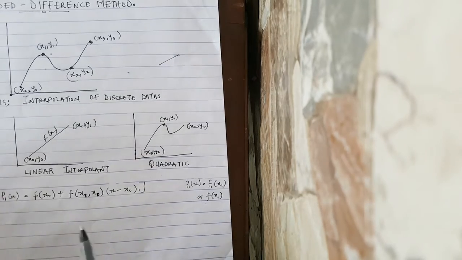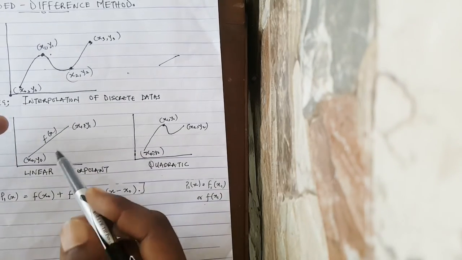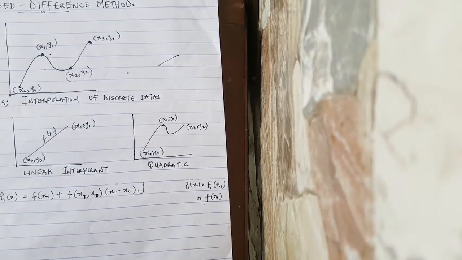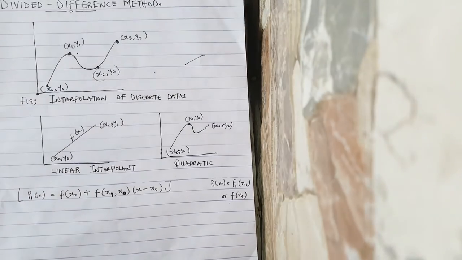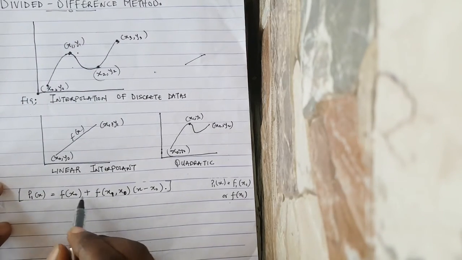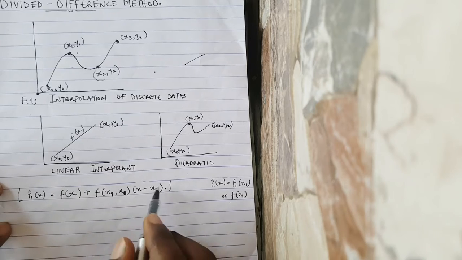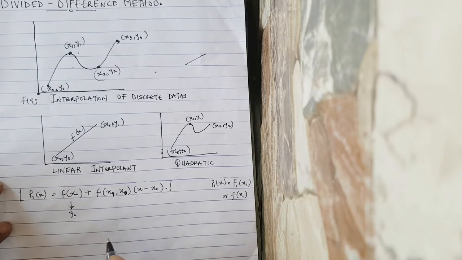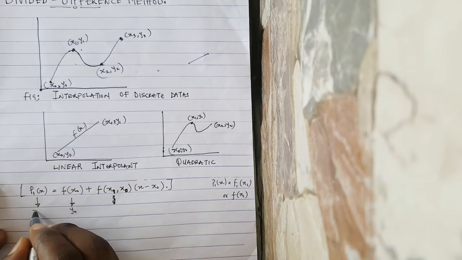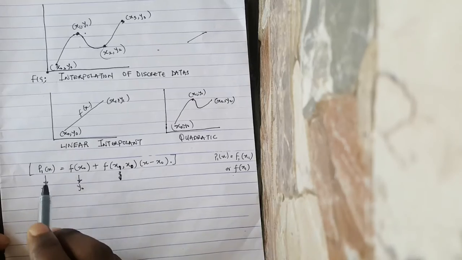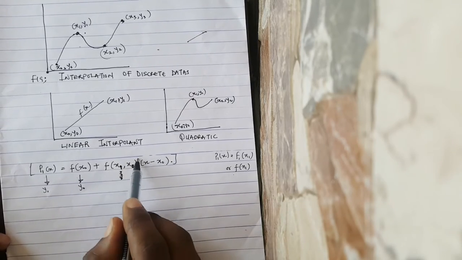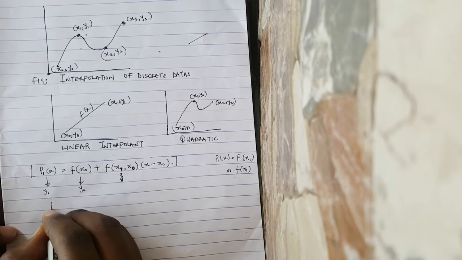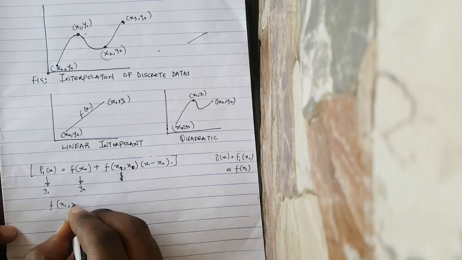Now from this, looking at this graph, I can say that y is a function of x. Obviously from our calculus days, y is a function of x. So I can say that this f of x0 is the same thing as my y0, and this is my y1. The only missing value that I need to find is my f of x1, x0.